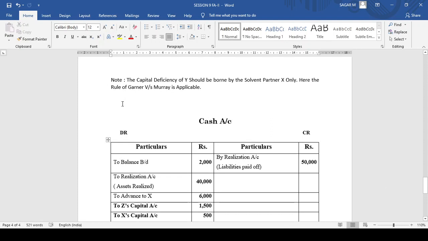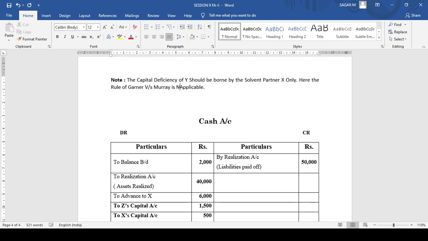So I have written here an important note. Please keep this in your mind. The capital deficiency of Y should be borne by the solvent partner, that is nothing but X only. Here the rule of Garner versus Murray is not applicable.